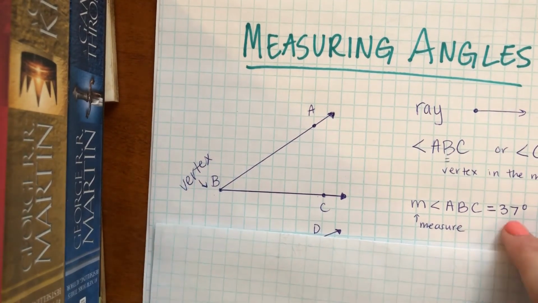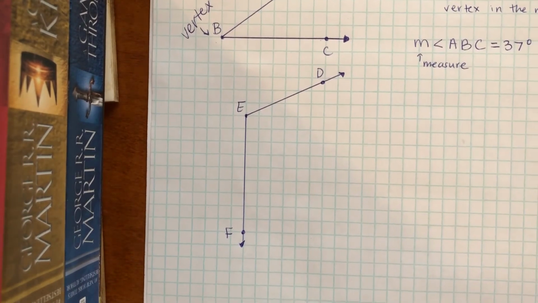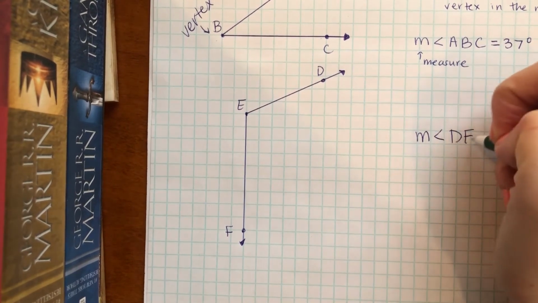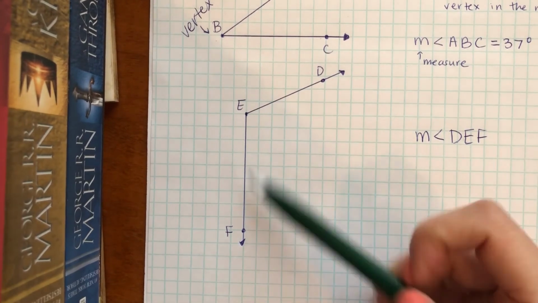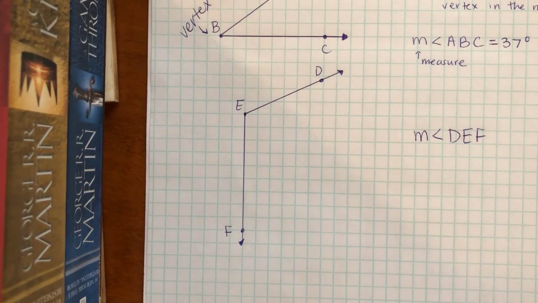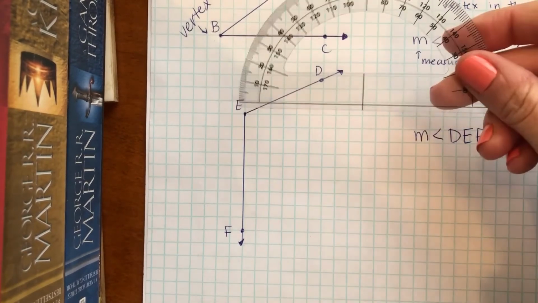Let's do one more together. Here we have angle DEF, and we're going to find the measure of angle DEF. Again, I could call this angle FED if I wanted to. E is my vertex, and so when I find my protractor, I make sure it's facing up the right way, not the wrong way.